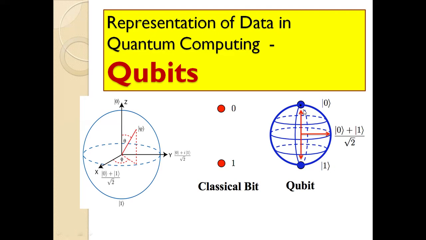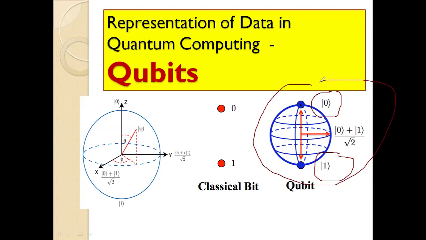Got it? Now let's come to the qubit. Here you can see how we are representing this. Look at this and look at this. Now, in this case, any combination of them is possible, any combination, right?